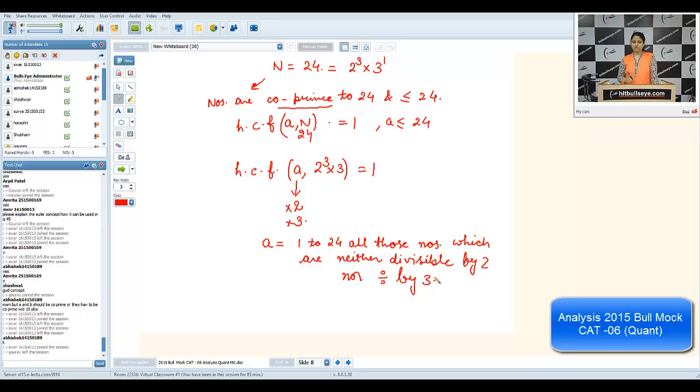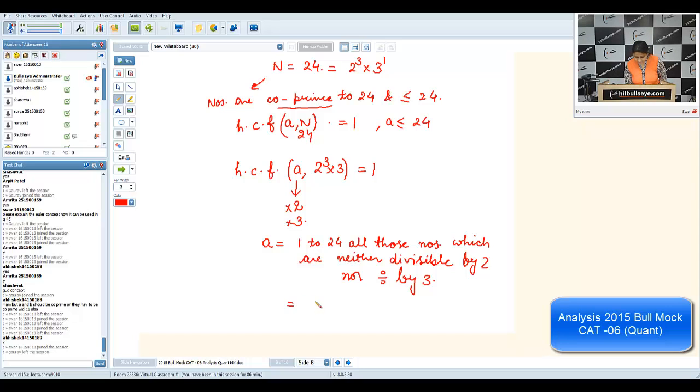We are looking for numbers not sharing any factor with 24 except 1. Since 24 is 2 cube into 3, A should not include any factor 2 or 3. Is it okay with all of you?